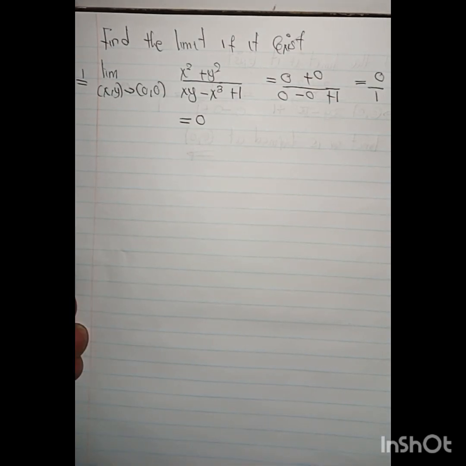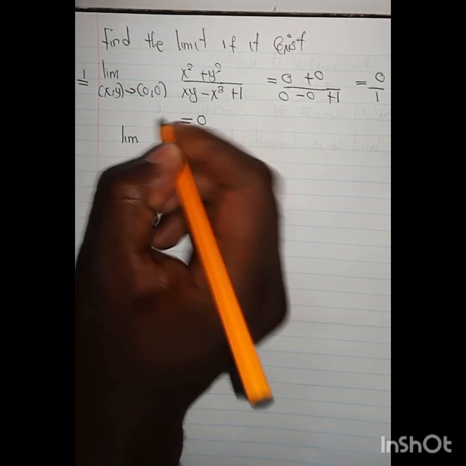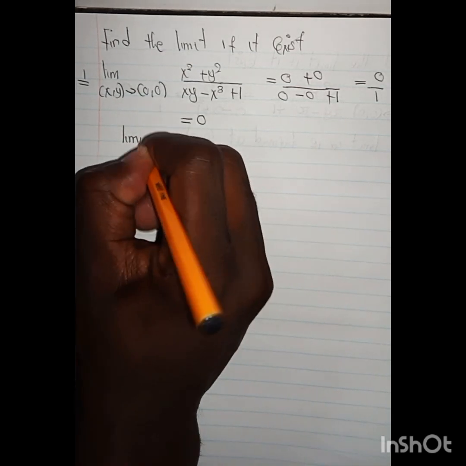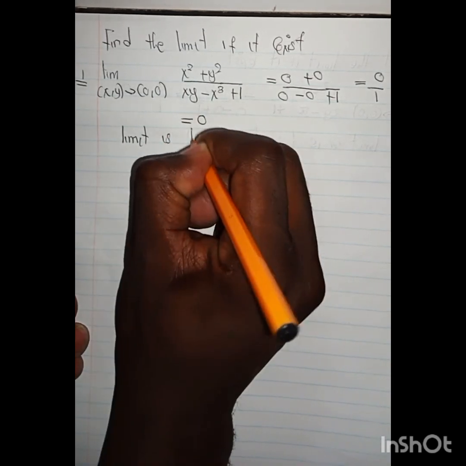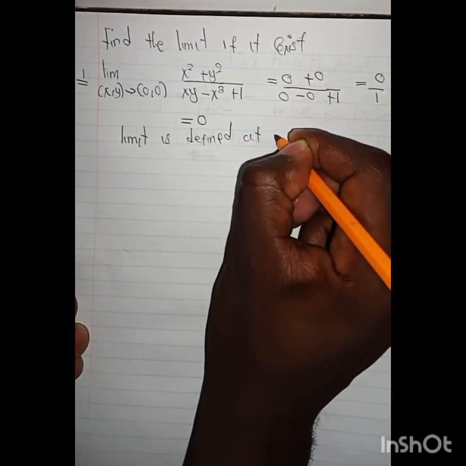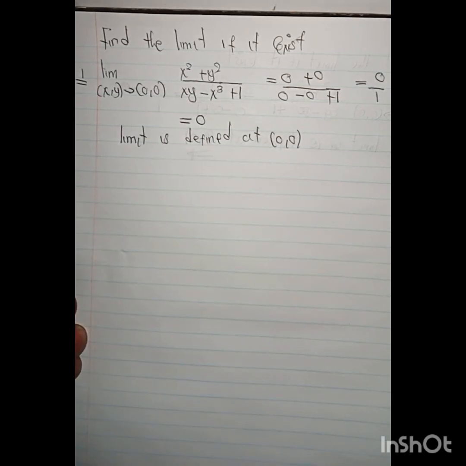Since these two coordinates give me a defined value, it means the limit at this point is defined. At 0 and 0, this limit is defined at this point.